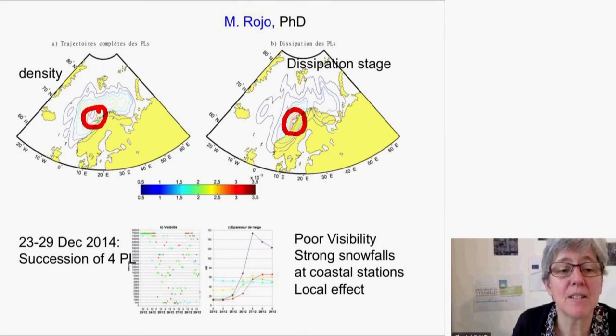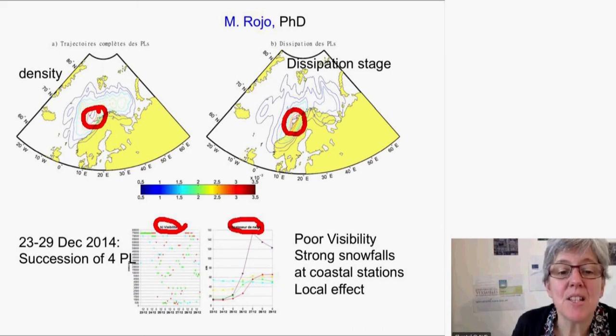For example, I have taken the sequence which occurred in December 2014. We had 4 polar lows forming. And here it's the visibility. And here it's the snow depth.